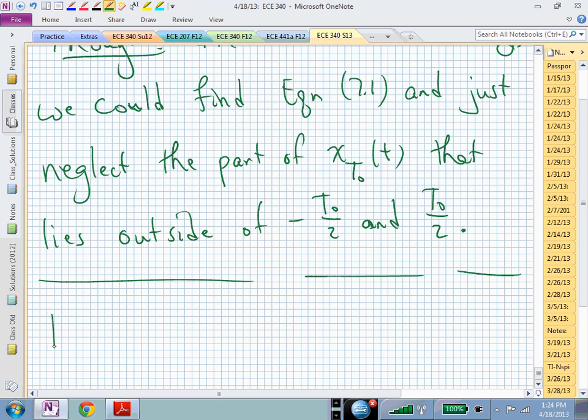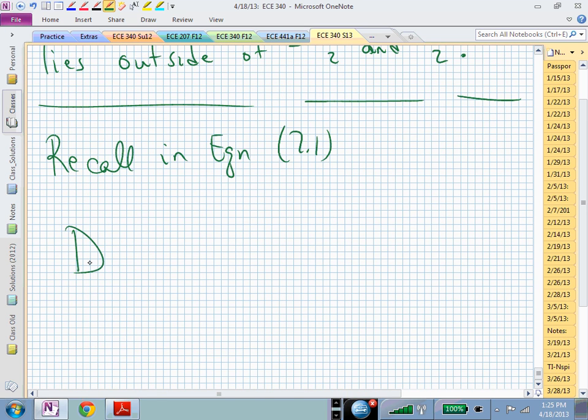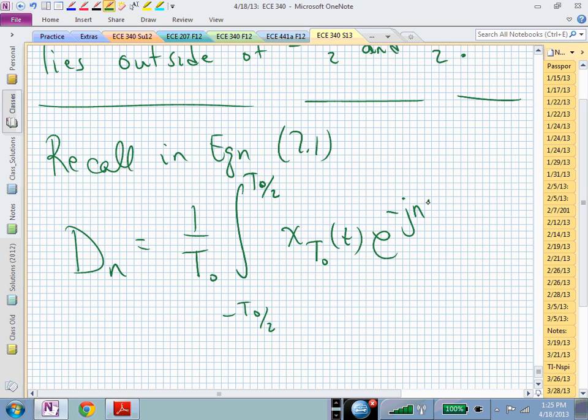All right, so here is what we have from equation 7.1. 7.1 is now this expression for our Fourier series expansion of little x sub t sub 0, but in that we need to know the d sub n's, and the d sub n's are just 1 over t naught, integral from minus t naught over 2 to t naught over 2, x sub t naught of t, e to the minus j n omega naught t dt.